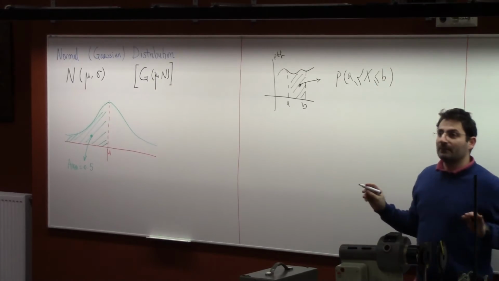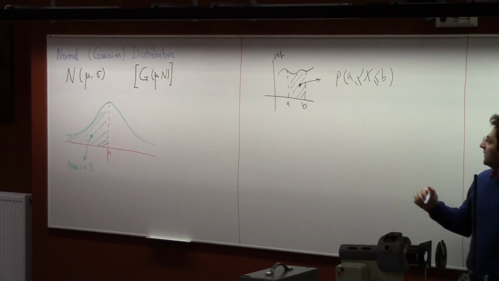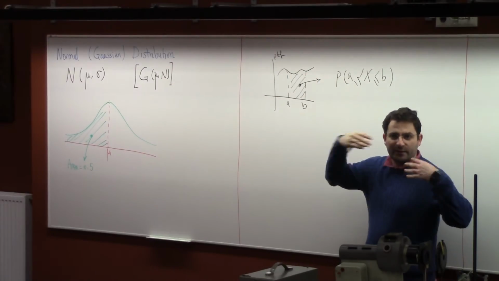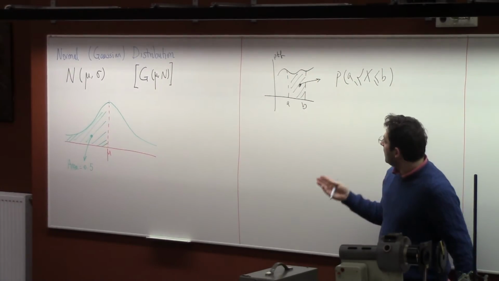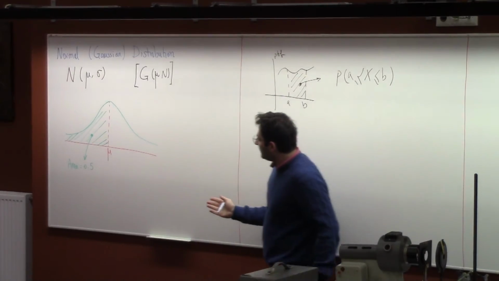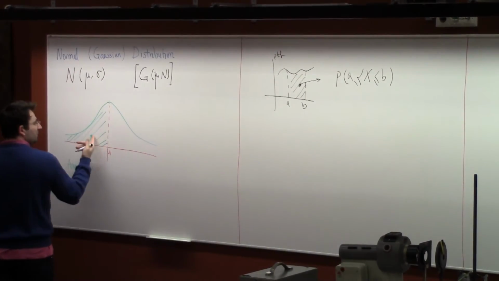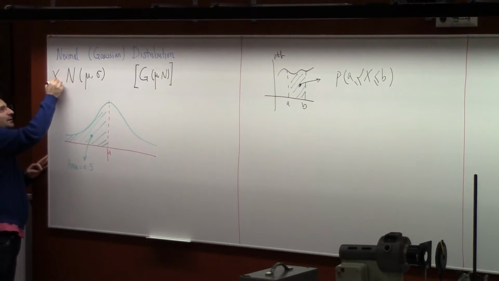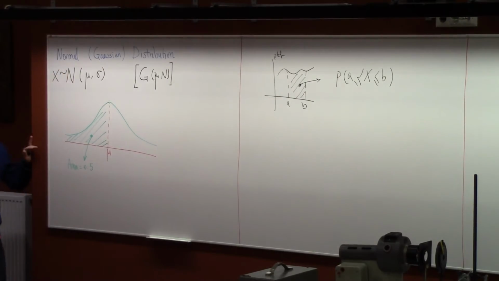Did I give any specification about this PDF? No, so it's very general. Knowing this, what can I write here? A random variable has this distribution.